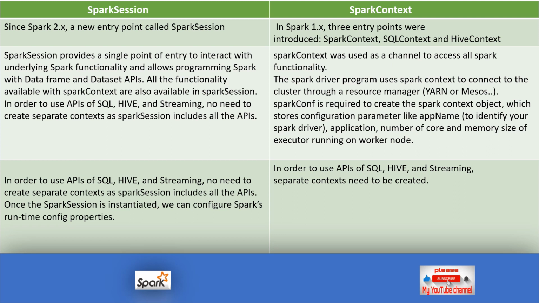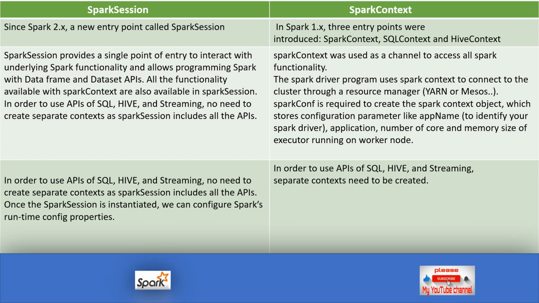All the functionality available with SparkContext is also available in SparkSession. In order to use the APIs for SQL, Hive, and streaming, there is no need to create a separate context, as SparkSession includes all the APIs. You don't need to worry. You can reuse that context. Also, if you want to create a separate context through the builder, you can pass those parameters through the builder method, which is the builder pattern in Java. It will take care of it. But in SparkContext, that was not an option.